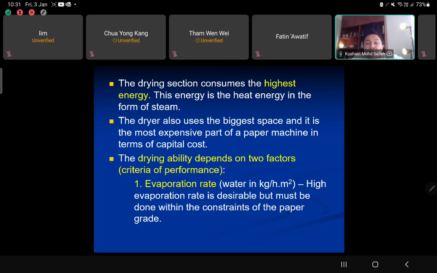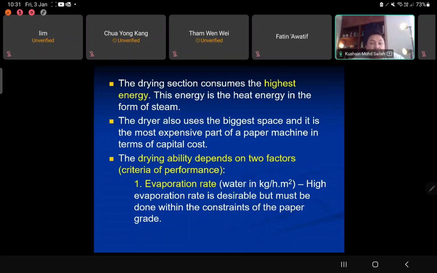Okay, first the evaporation rate. So high evaporation rate is desirable, but must be done within the constraint of the paper grade. Okay, so it must be suitable for the grade of the paper when we want to dry the paper.